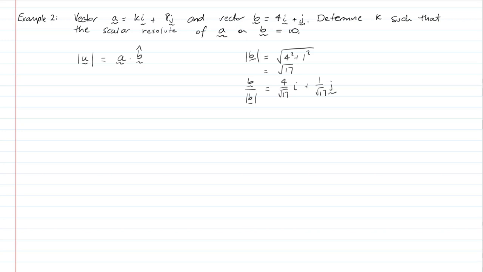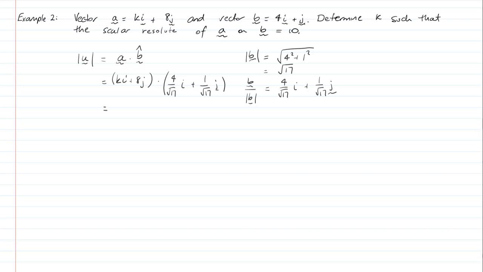And so this is going to be ki plus 8j dot 4 over root 17 i plus 1 over root 17 j. In hindsight, if I'd left that 1 over root 17 out the front, it probably would have made things a bit easier. But here we go.